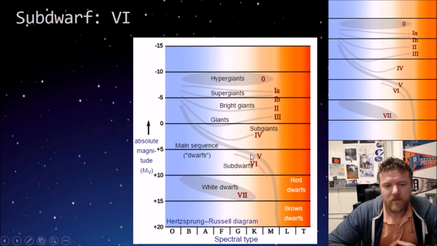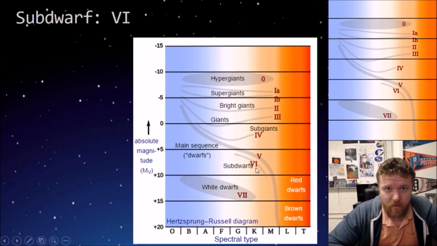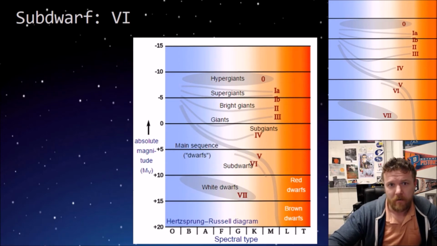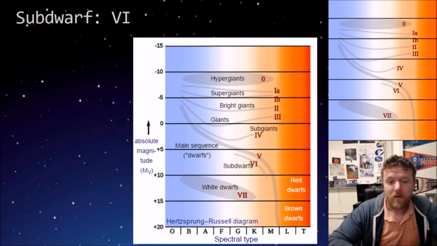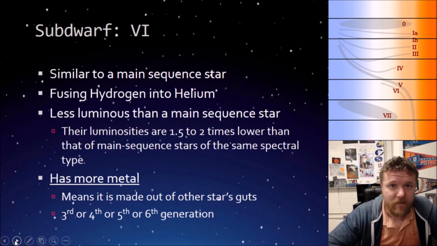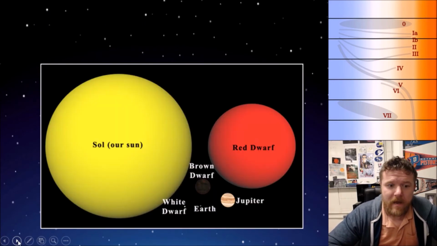And they form this little subdwarf category. And so they gave it a Roman numeral, 6. But because they are burning hydrogen, turning it into helium, doing main sequence stuff, it's usually lumped into the main sequence. But there is a category, number 6, called a subdwarf, that are not quite as bright as a regular main sequence star.